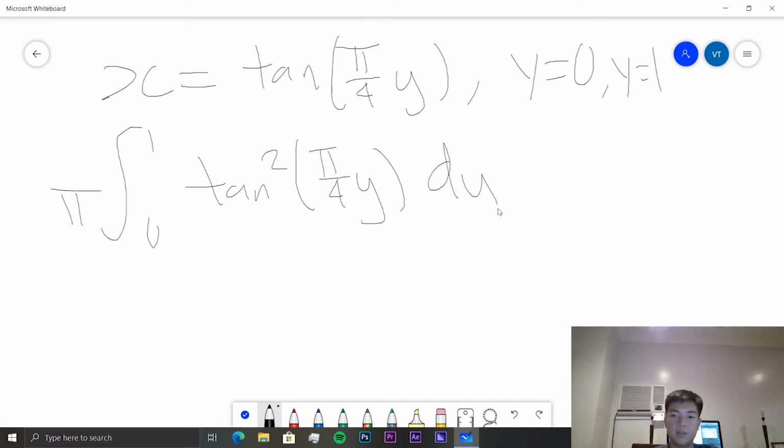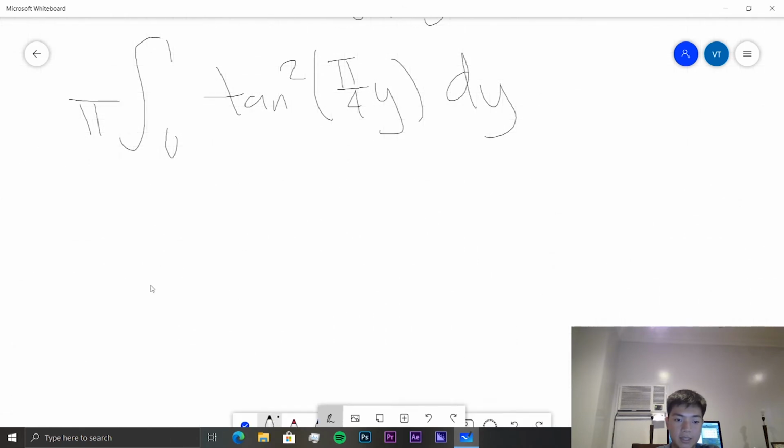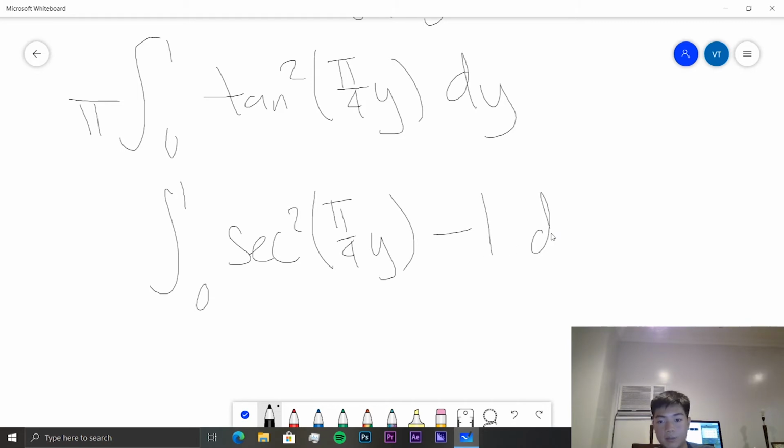So this is all cool. Again, use the identity that this is equal to the integral 1, 0 of secant squared pi over 4 y minus 1 dy, all times pi.